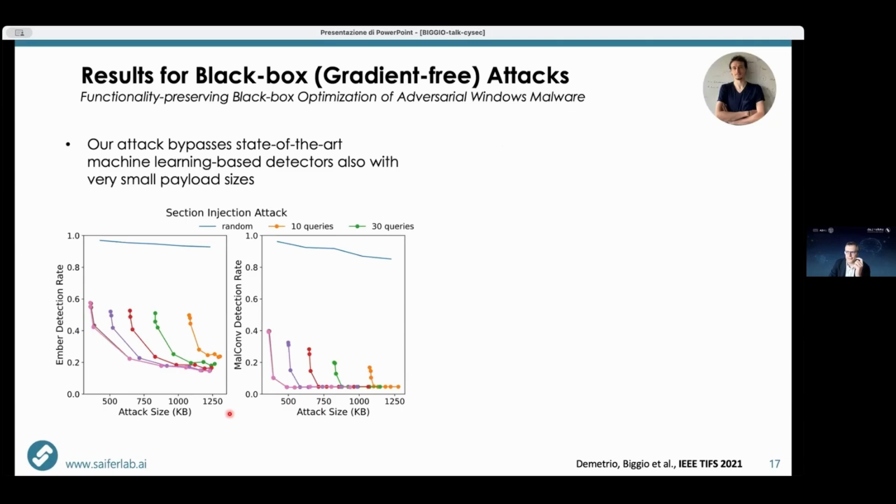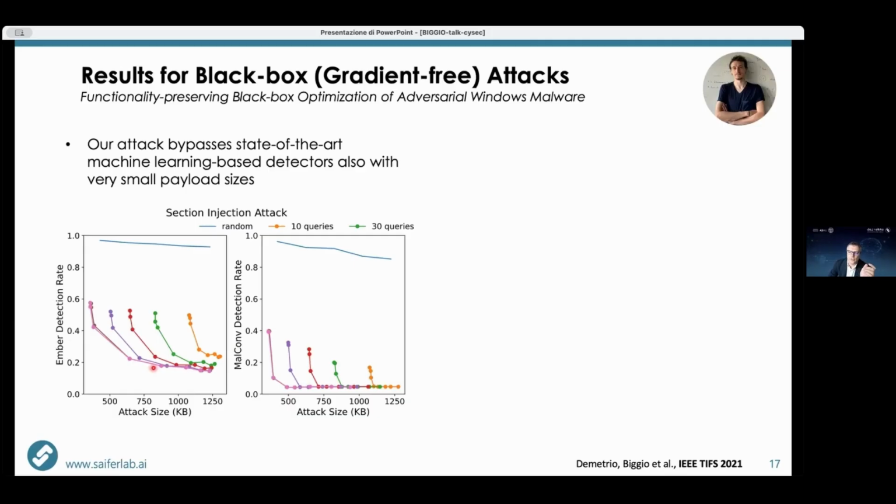So with this kind of reparameterization, you can really decrease the number of queries that are required to evade detection. And we proved empirically that you can bypass state-of-the-art detectors as well as MalConv. So not only neural network-based models, but also models that are based on decision trees and so on.